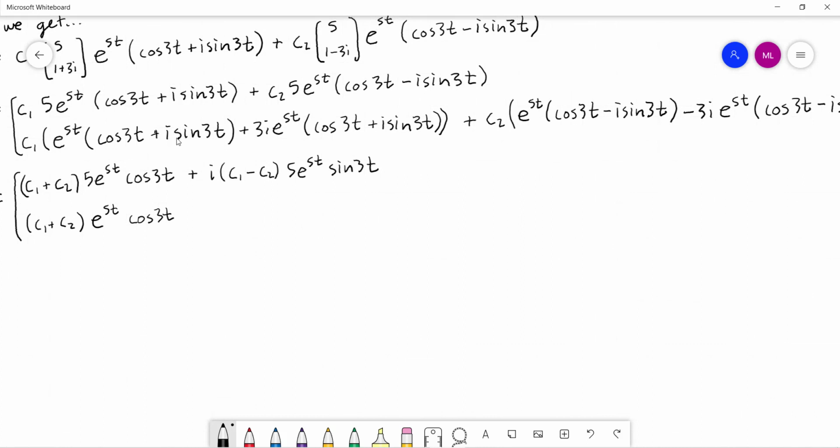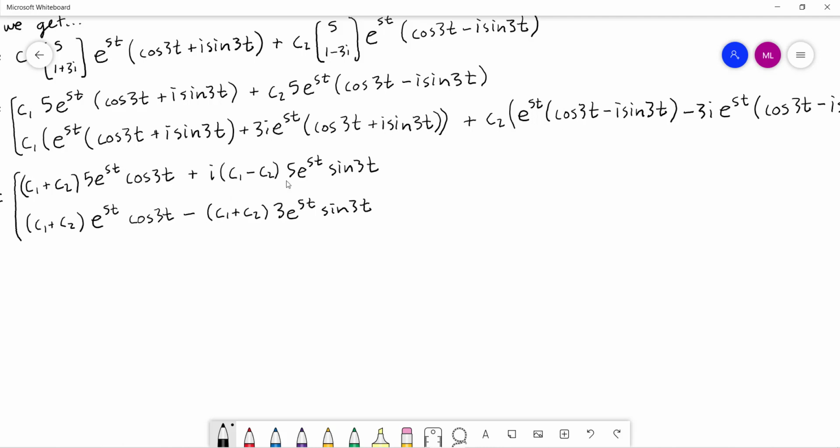For the ones that involved i, it's going to be this C1 times this term. So what are we going to get there? We're going to get minus a C1 plus C2. That's actually also going to wind up being C1 plus C2 times 3e to the 5t times the sine of 3t. So that is C1, 3. This i times i makes it negative.